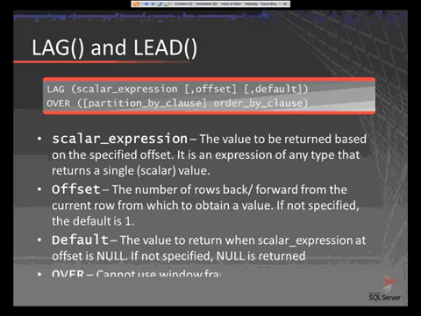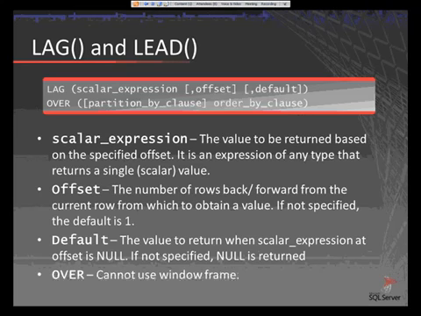So select to compare values in the current row with values in a previous or following row. But it has to be in the same result set, and you can do a physical type of offset before or after the current row, but you can't do the frame for this one. But that still leaves a lot of things that you can do with this.